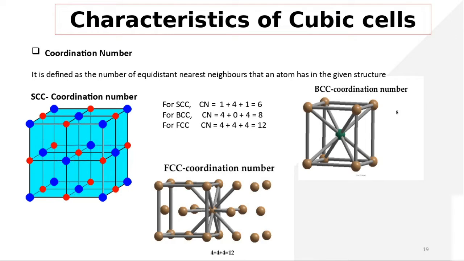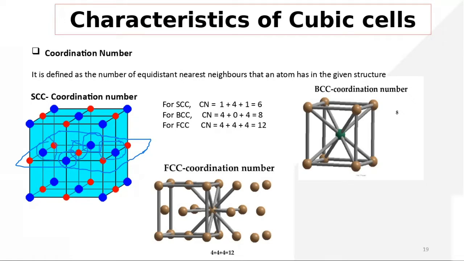In this way, if we talk about this particular atom, and we see this plane as a crystal plane, how many atoms are equidistant from this atom? There are four atoms: 1, 2, 3, 4.